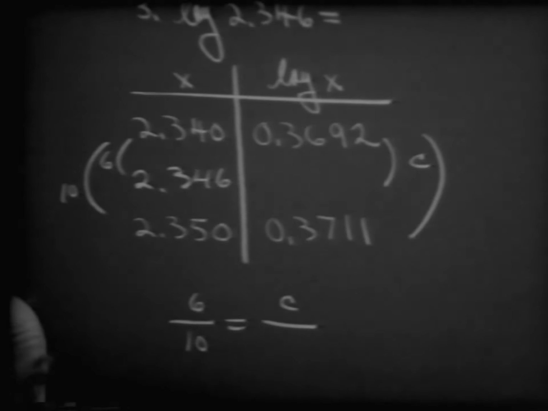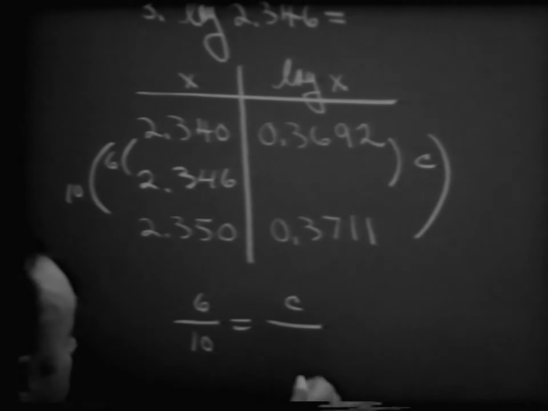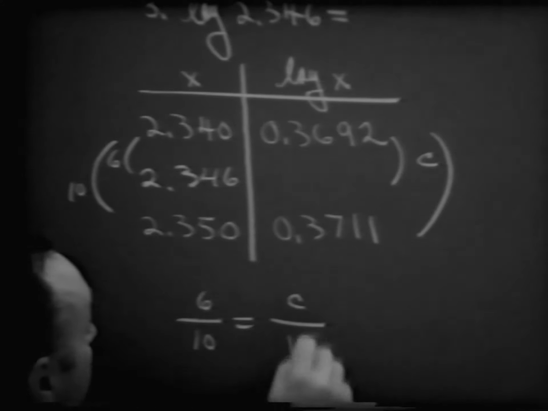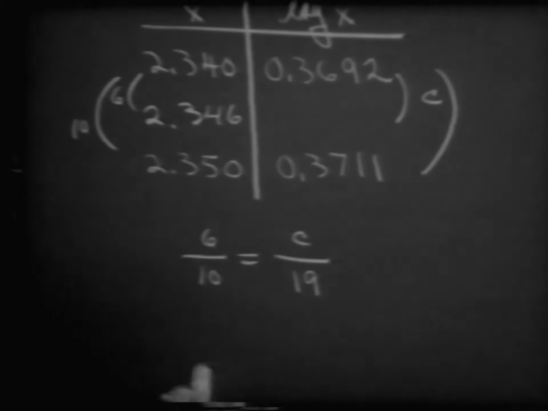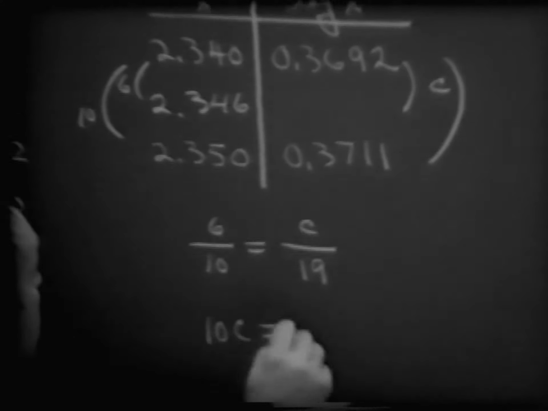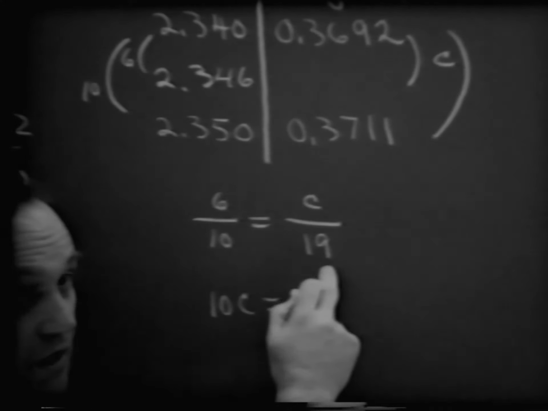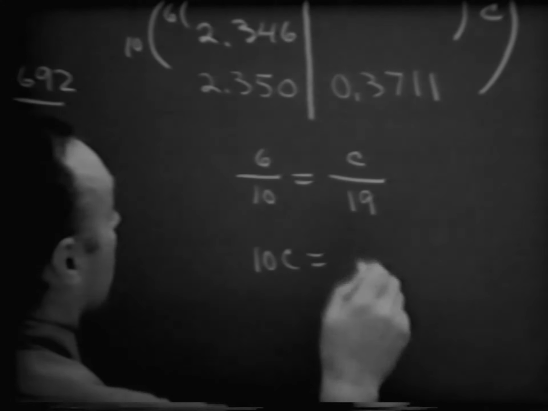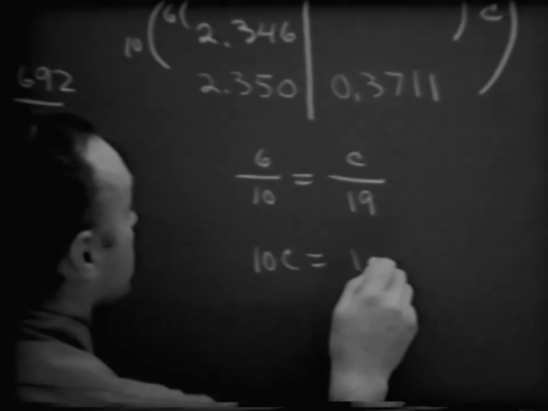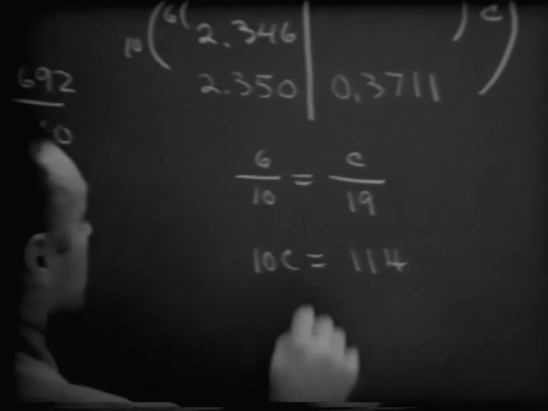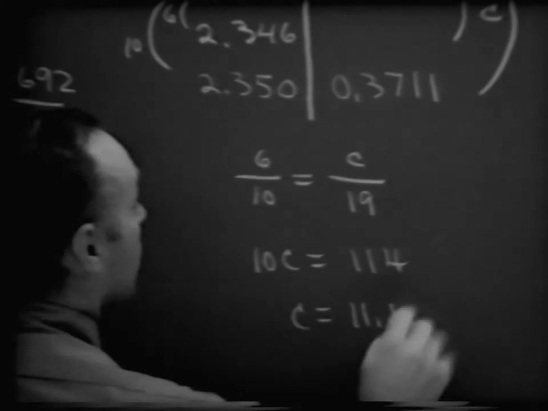And the difference between those two numbers to the nearest 10,000th is 19. And notice now you have a very simple little ratio. 10C then is equal to 6 times 19, which is what number? That was 114, is that right? 114. C then is equal to 11.4.